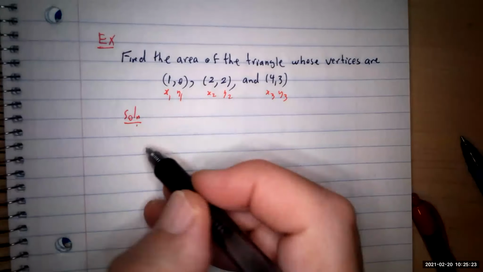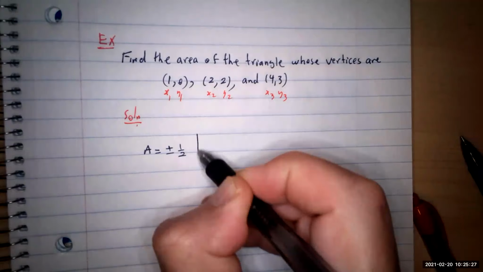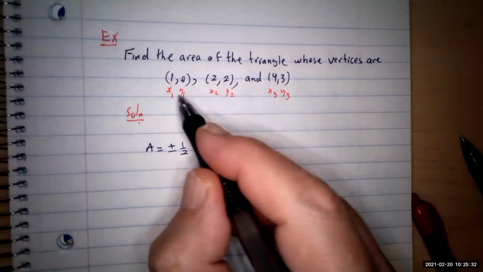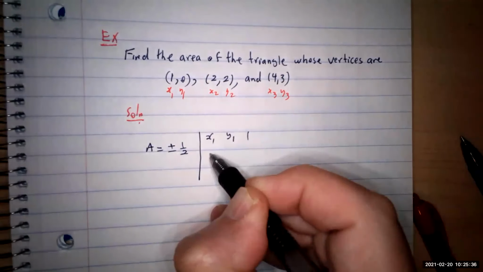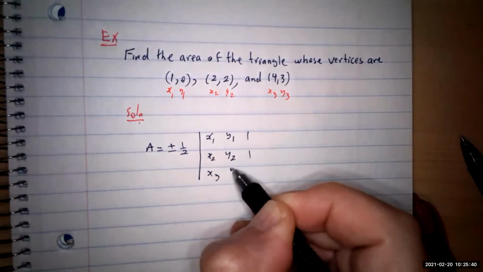So A is equal to plus or minus 1/2 the determinant of this matrix: x1, y1, 1; x2, y2, 1; x3, y3, 1.